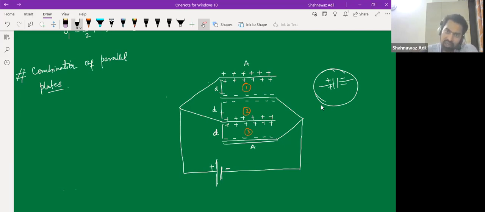Parallel, right? How many capacitors do we have? Plus and negative sets, this is one; negative and plus sets, this is two; plus and negative sets. So we have three capacitors, and all their areas and the distance between the plates are the same. So the effective diagram would be this one.